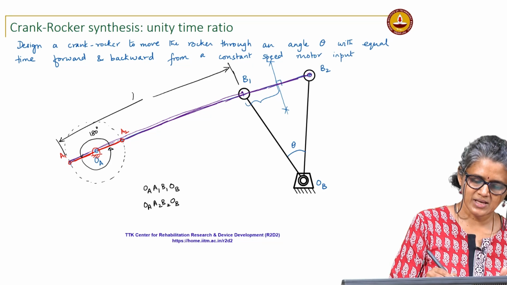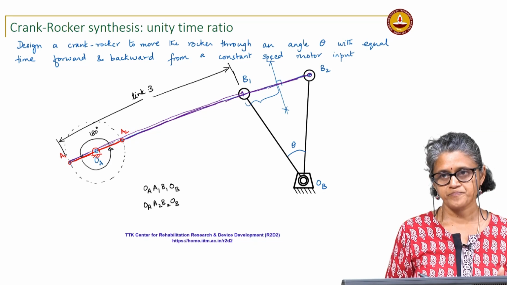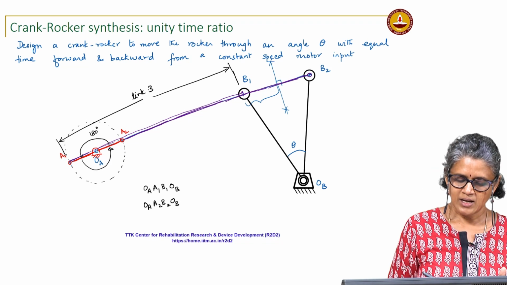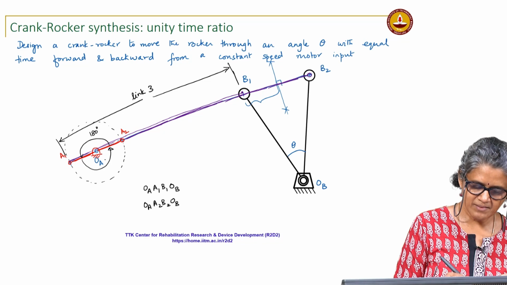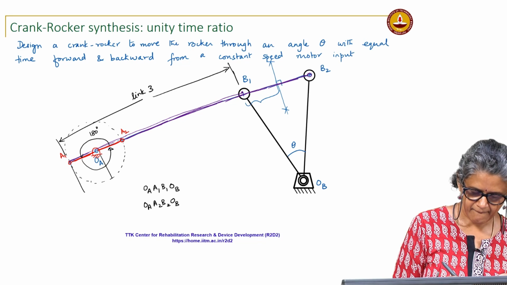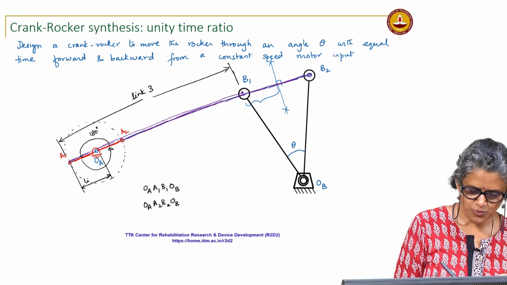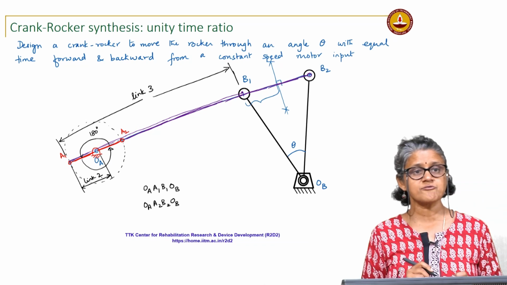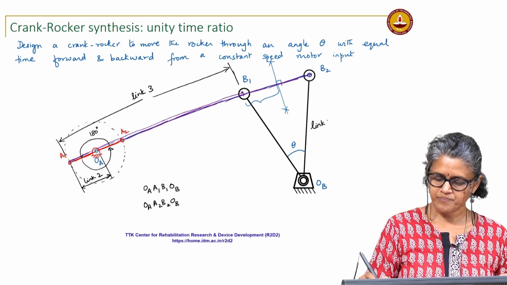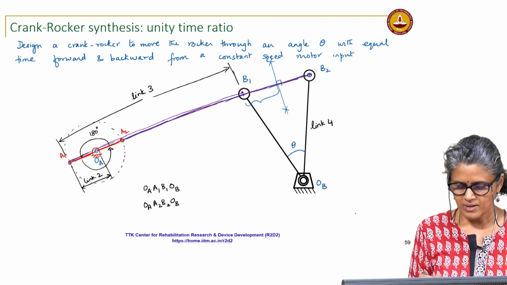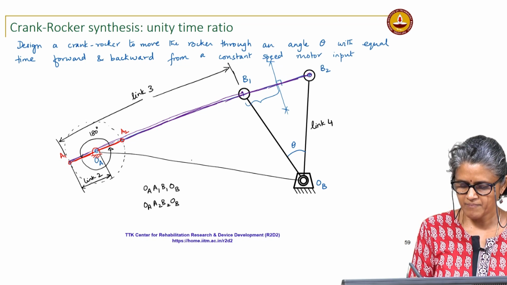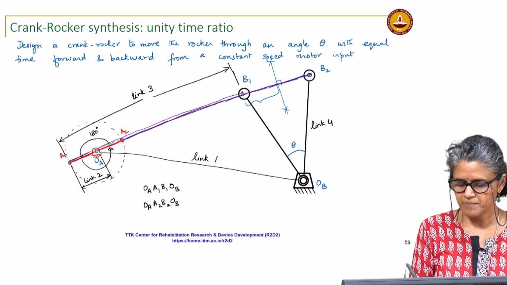Okay. So this is link 3. A1 B1 is this, link 3. This is link 2, that is the length of the crank, and then link 4, this is link 4, link 1 will be the distance between OA and OB.